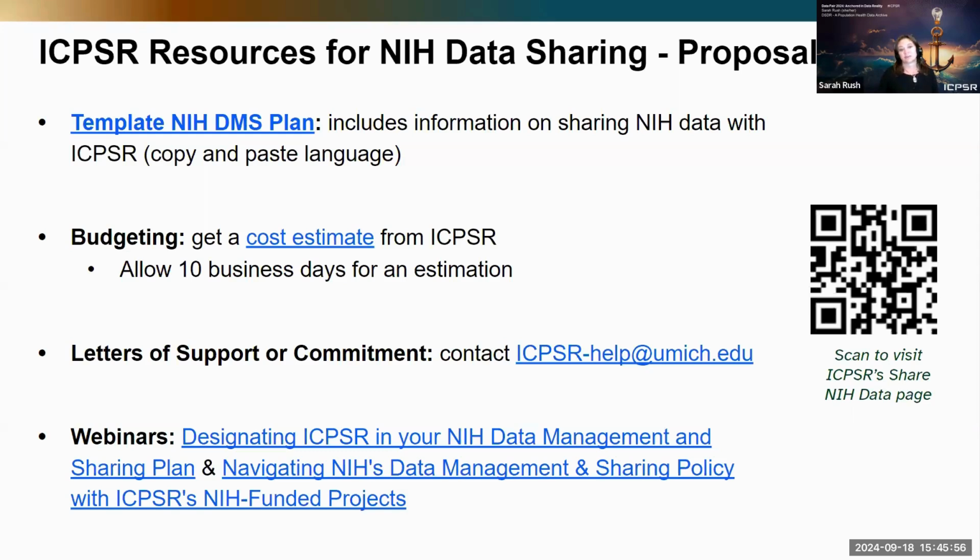There's also information about how to budget for data archiving and a link to request an estimate. We have our contact information for questions or to request a letter of support. And finally, there's links to recent webinars that we've given on this topic.